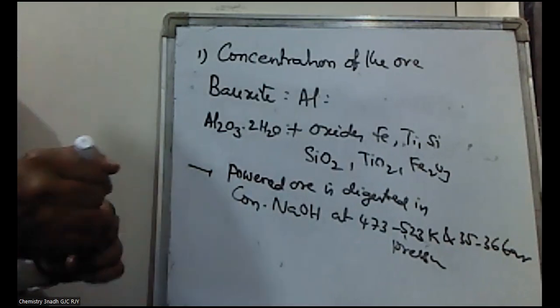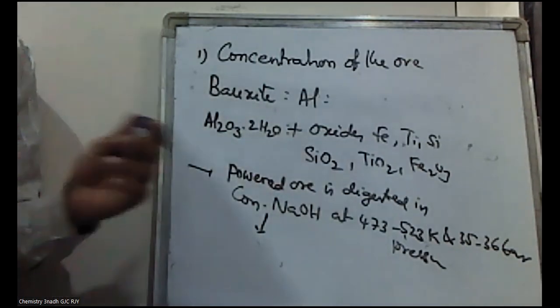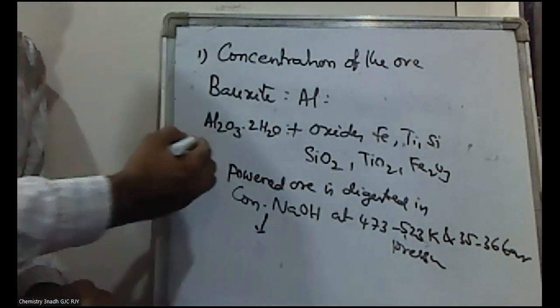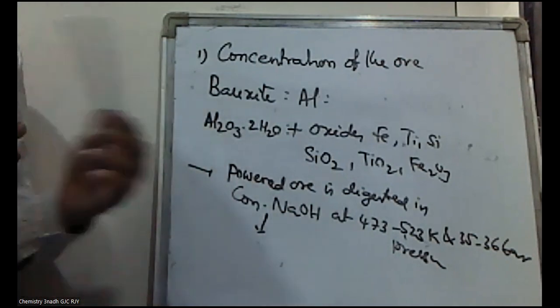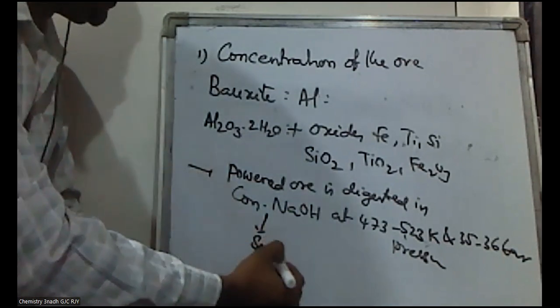Under these conditions, the bauxite, that is alumina, is digested in NaOH and forms sodium aluminate.